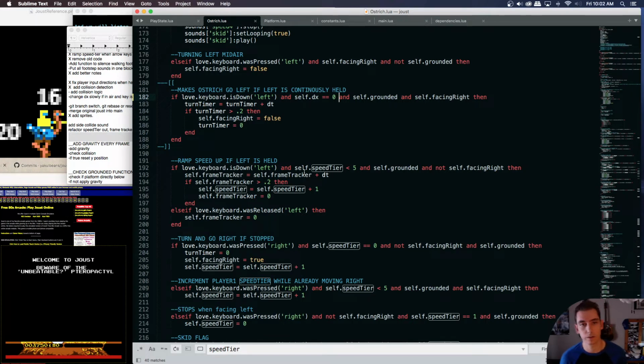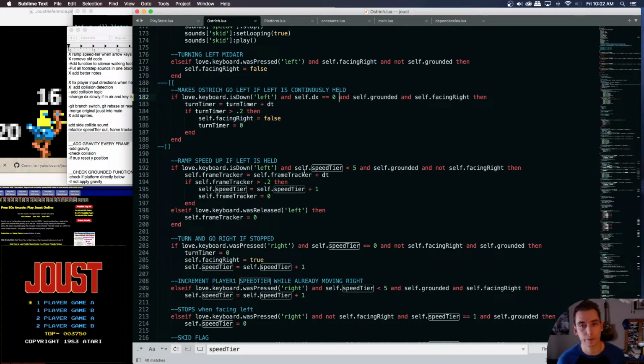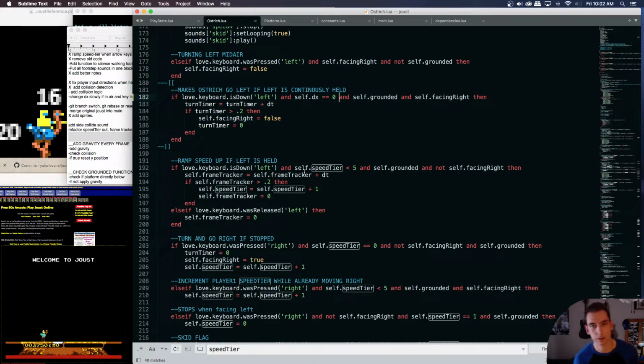Okay, so this is where most of the speed ramp logic is going to be, because this is like checking that you're left and you're grounded and you're already walking, but you're not yet at max speed. So your dx is less than your max speed, because if your dx is max speed, we don't want you incrementing your speed anymore.